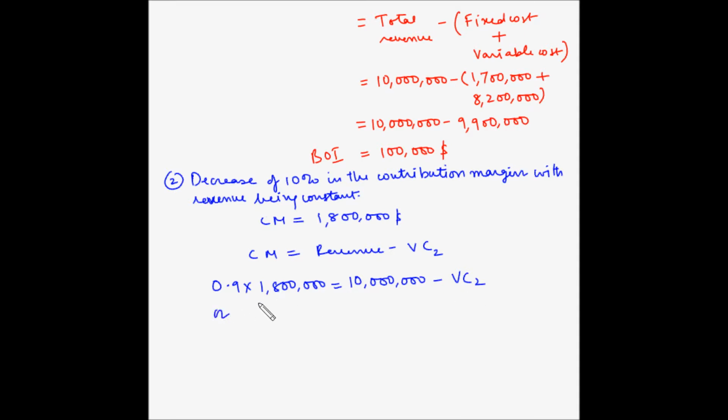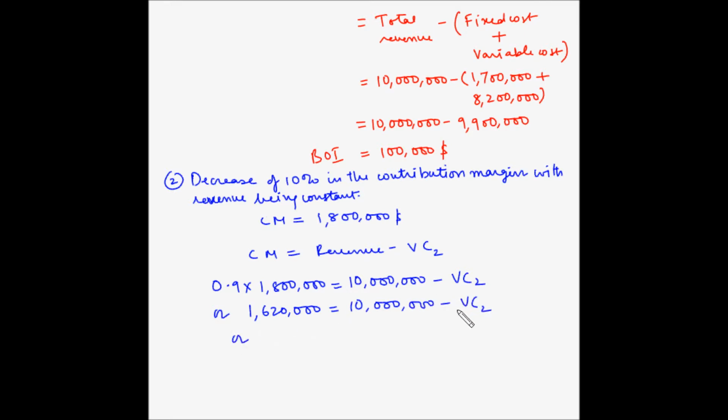So this is equal to 1.62 million, and this is the same, 10 million minus VC2.